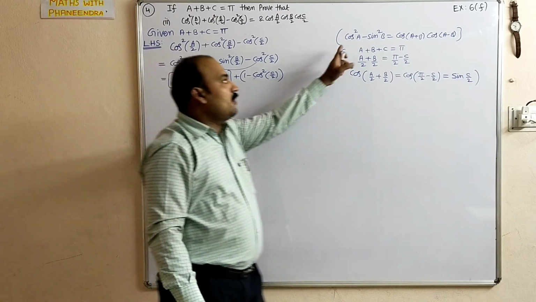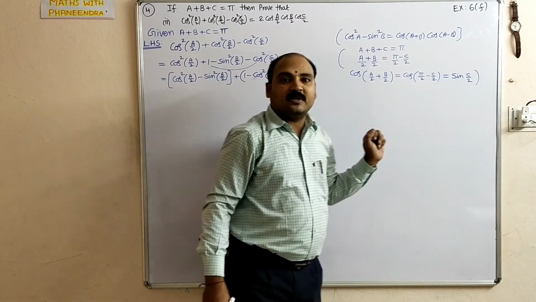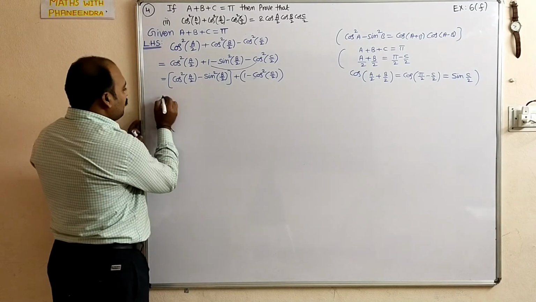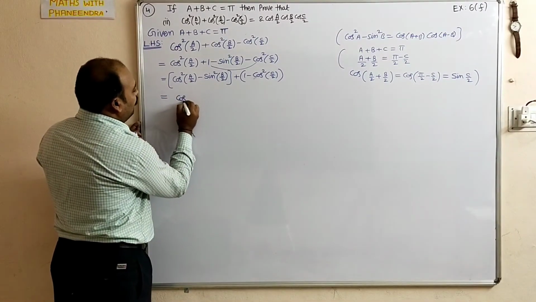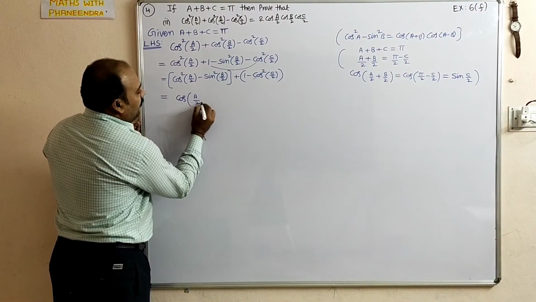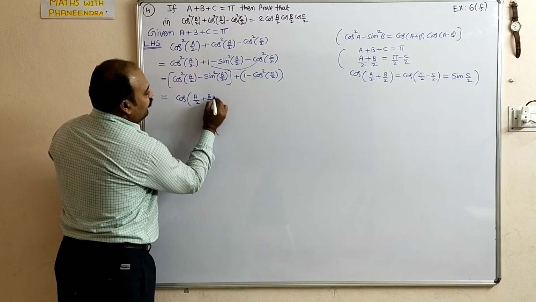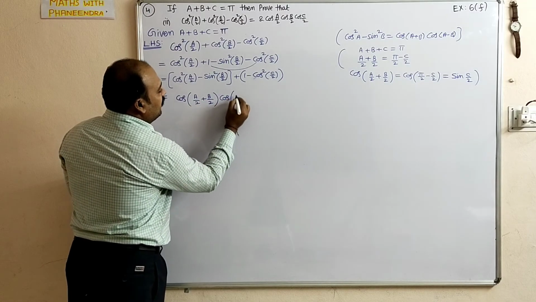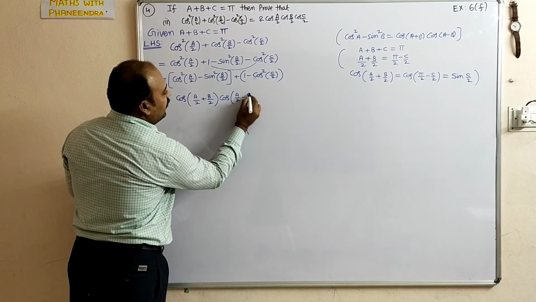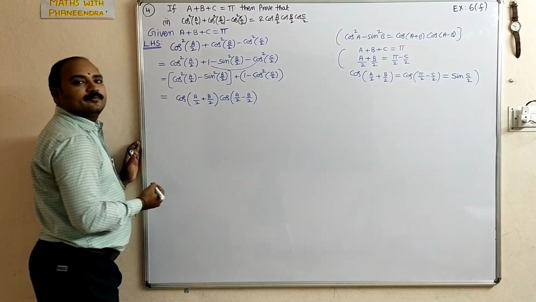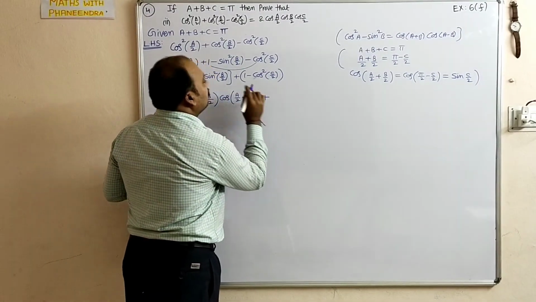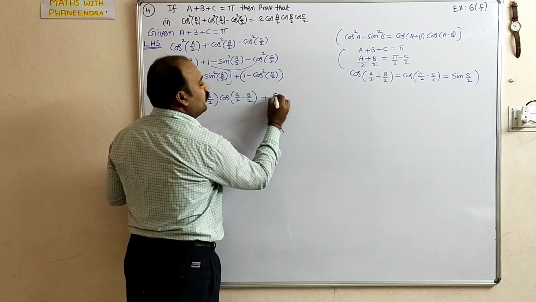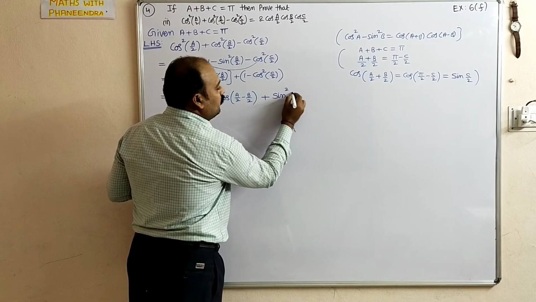You have to apply the formula cos square A minus sin square B equals cos of (A plus B) into cos of (A minus B). So it will become cos of (A/2 plus B/2) into cos of (A/2 minus B/2) plus sin square C/2.